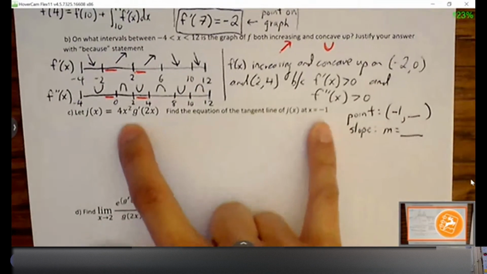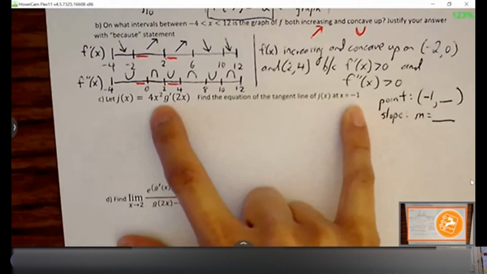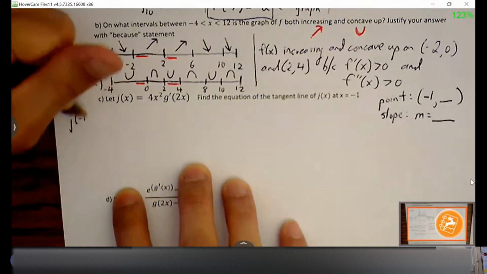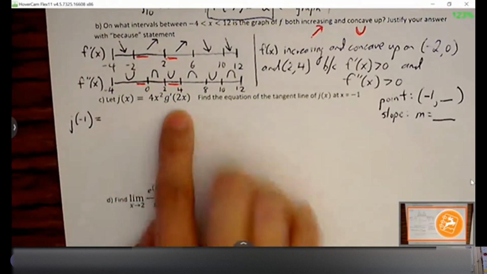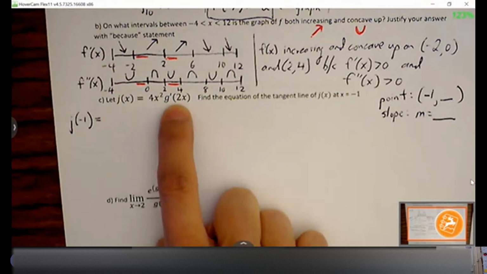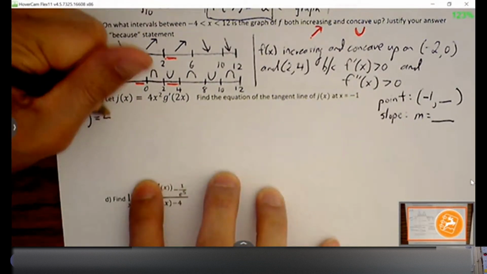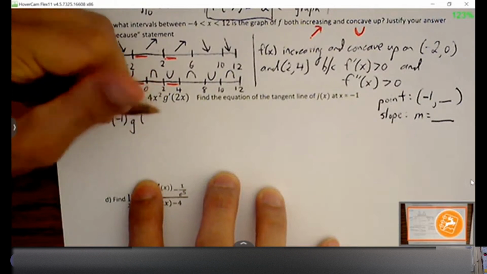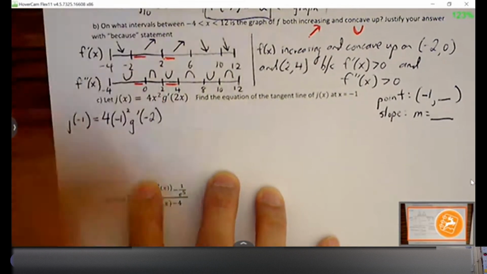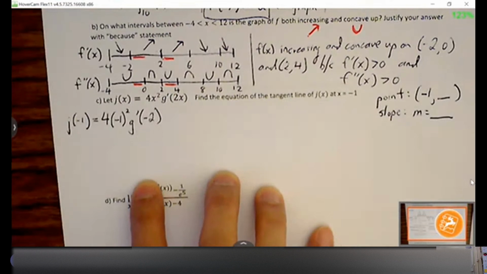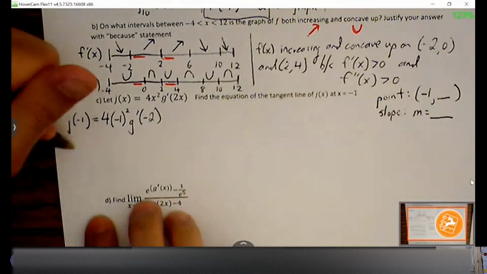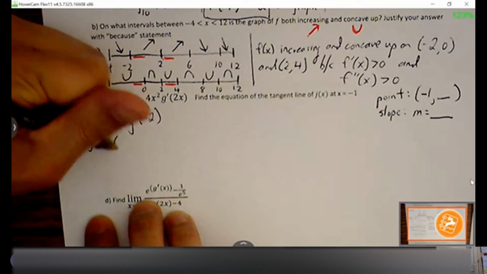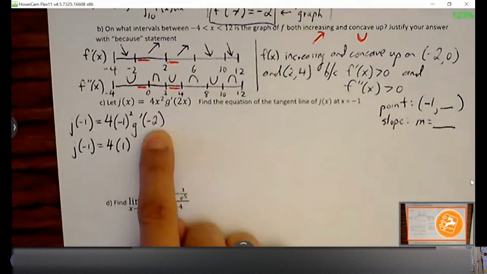The ordered pair we can find just by relying on the original function presented to us. So just enter -1 for all the x's. So this ends up j of -1, 4 times -1 squared, that's just 1, times g prime of -2.